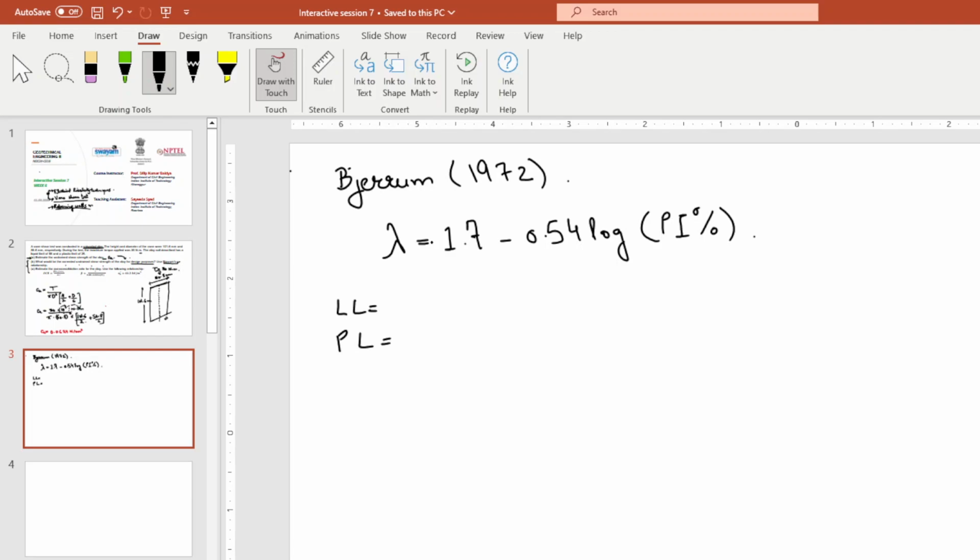How much is the liquid limit? This is 1.7 minus 0.54 log of plasticity index, and then our Cu corrected.